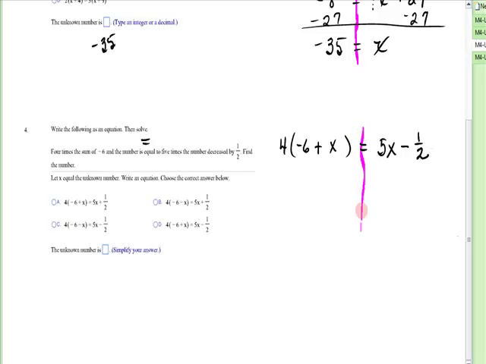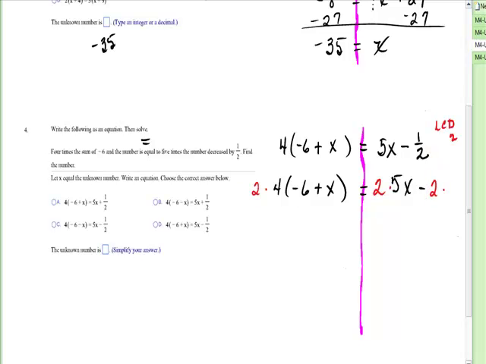Now I've got a fraction in this. You could multiply by the LCD right now, and we can do that. The LCD is 2. I'm going to multiply 2 times 4 parentheses negative 6 plus x is equal to 2 times 5x minus 2 times 1/2.